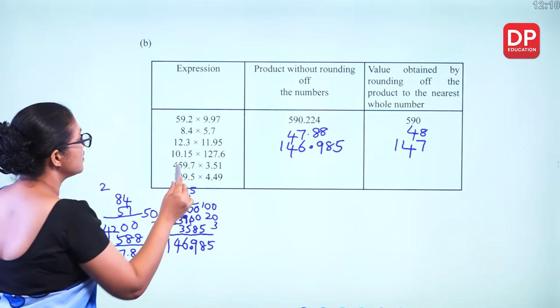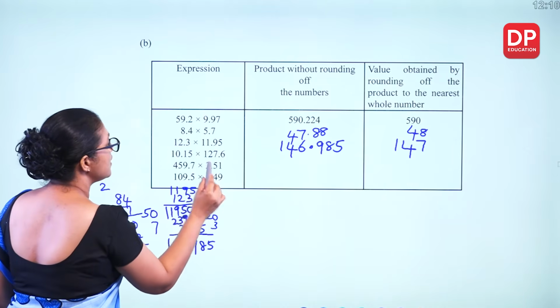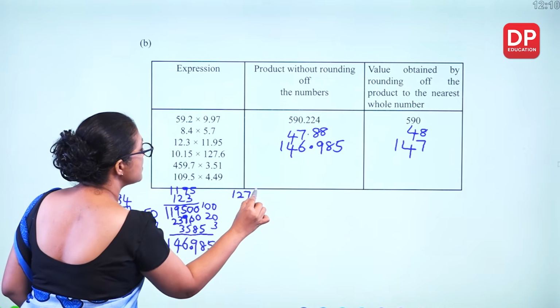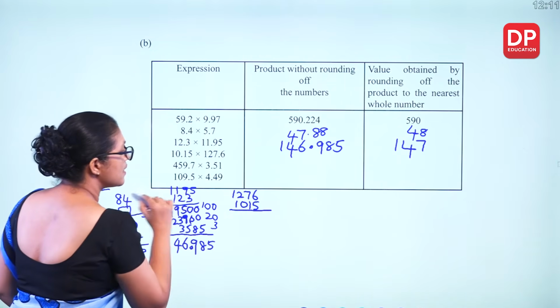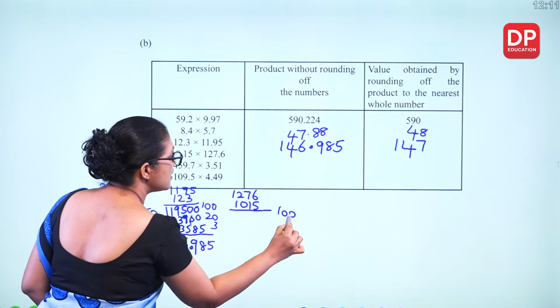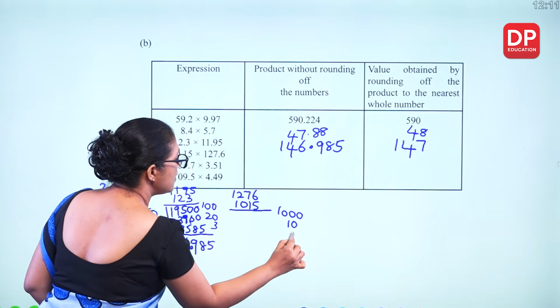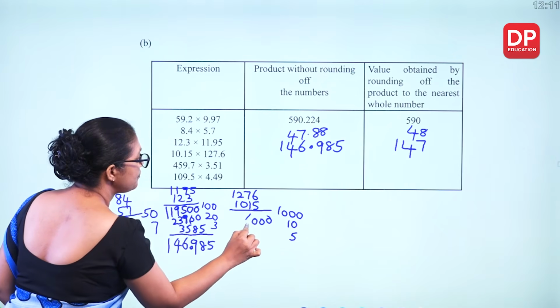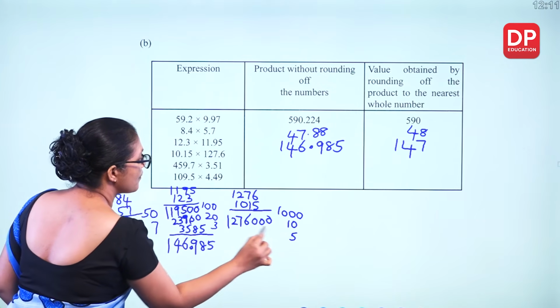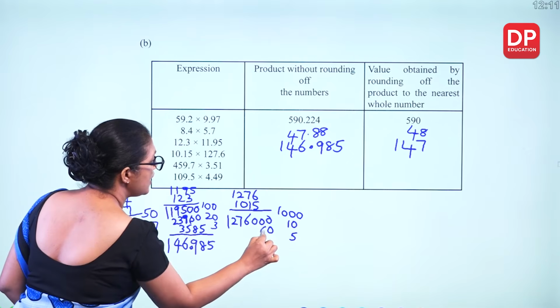Next one, 1015 and 1276 multiplied by 1015. 1000, 10 and 5. So multiply by 1. Multiply by 1 again.